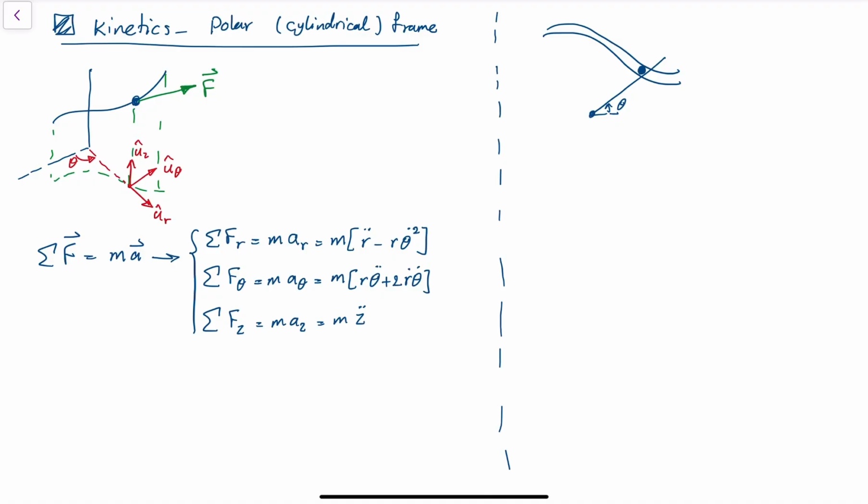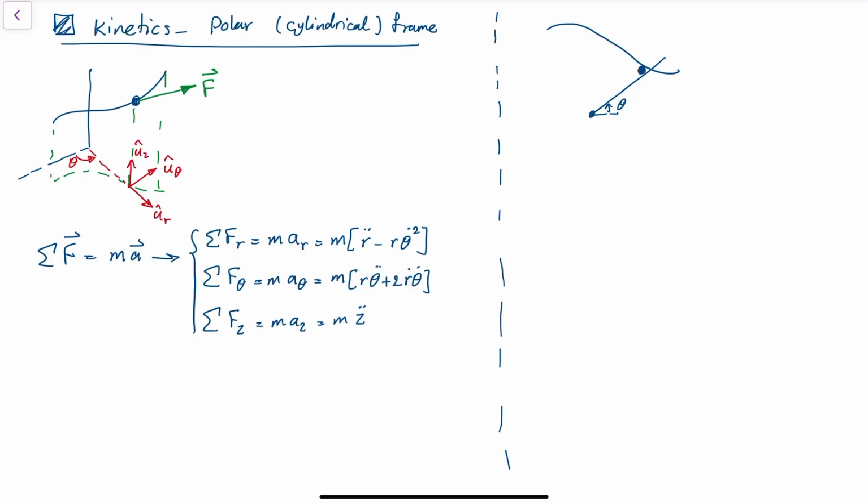Let me delete one of these lines to make my diagram cleaner. If you want to draw the free body diagram, I'm going to draw it here. There could be gravity and everything. Maybe the plane is two-dimensional, maybe not. Really doesn't matter.